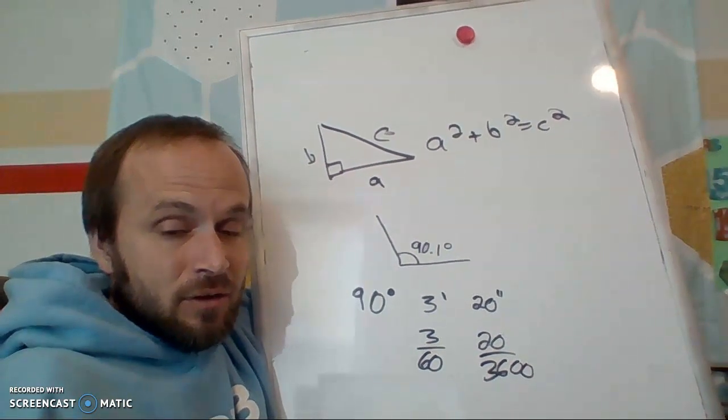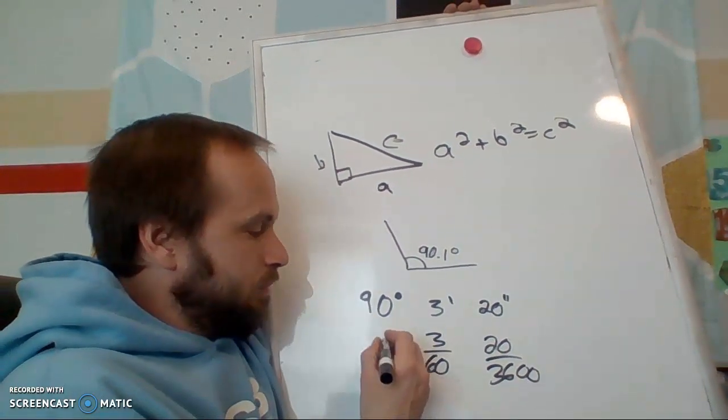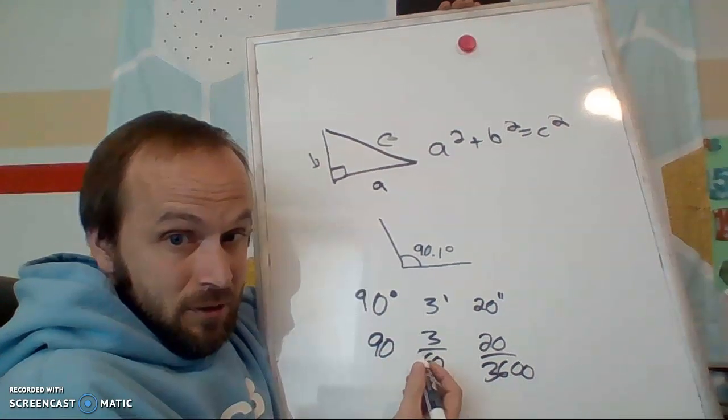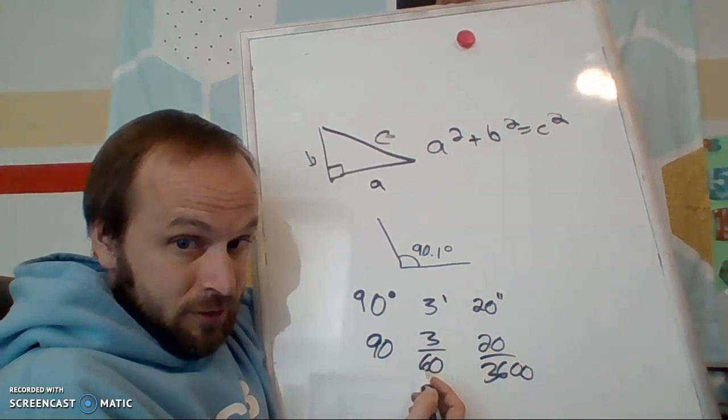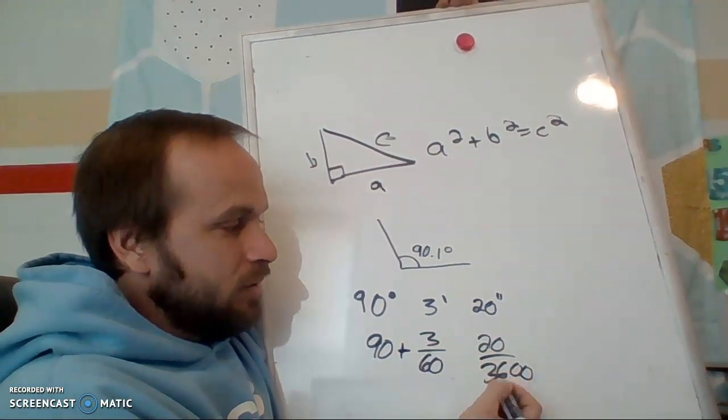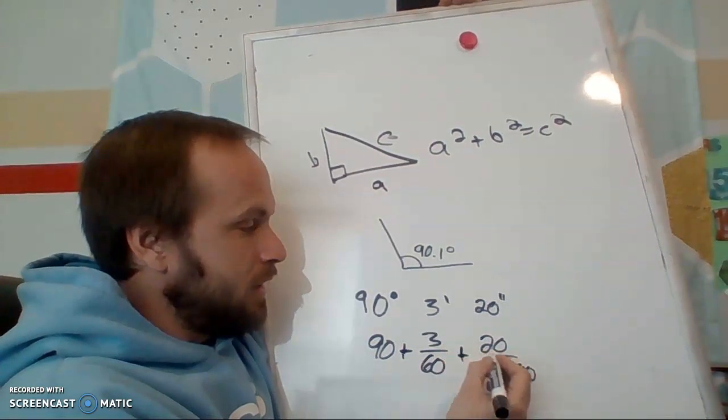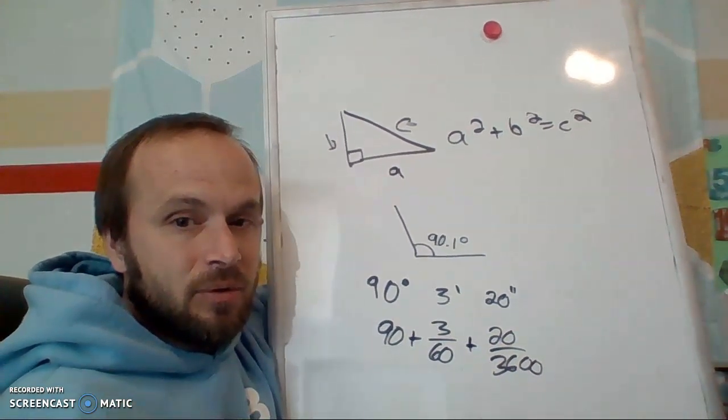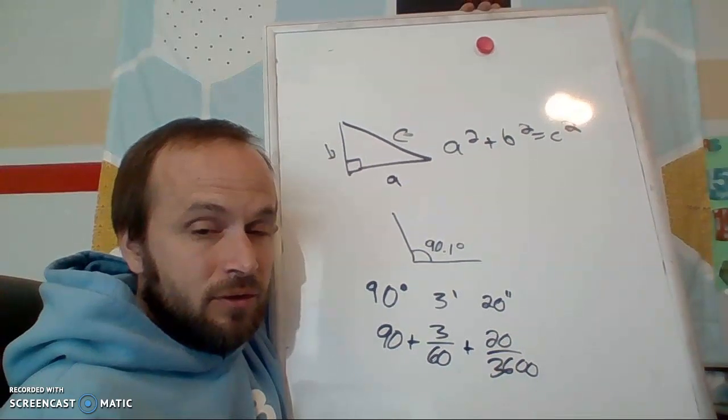So if we take 3 divided by 60 and 20 divided by 3600 in our calculator and add these up, we end up with the decimal conversion.